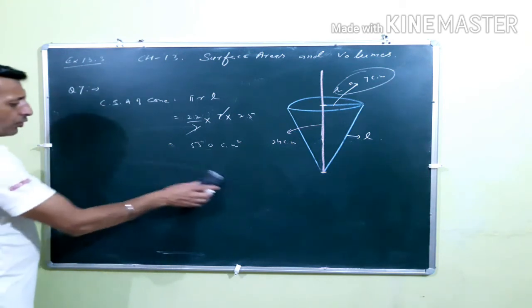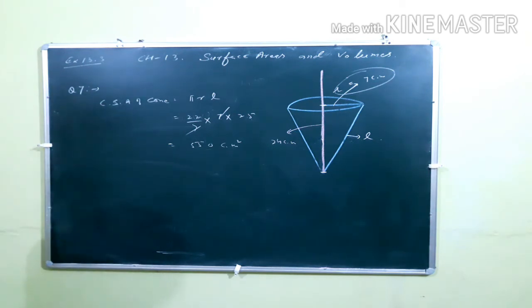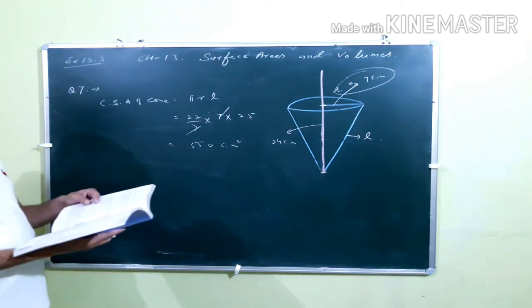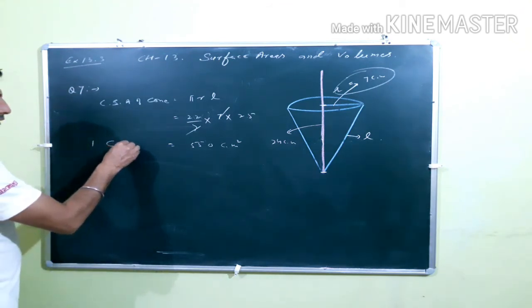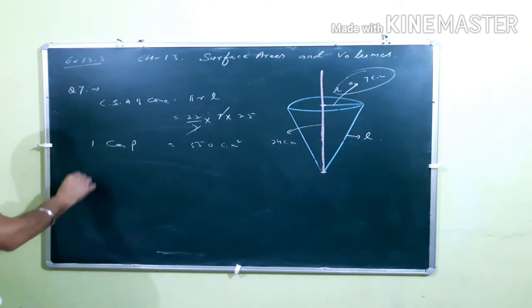So this is the total curved surface area of this cone or this cap, because the cap is in the shape of a cone. Now we said that we need 10 such caps. This is the area for one cap, but we need 10 caps.